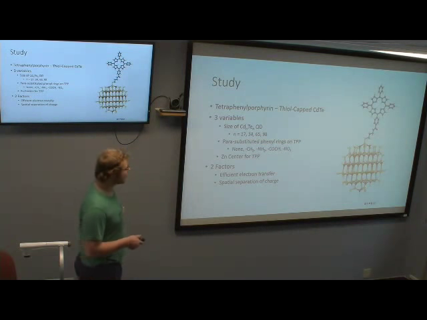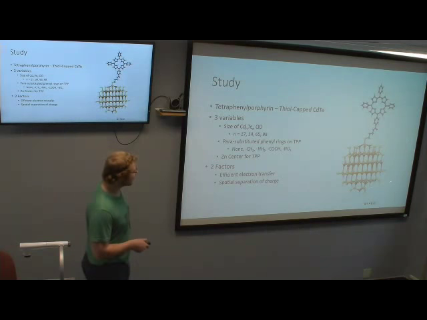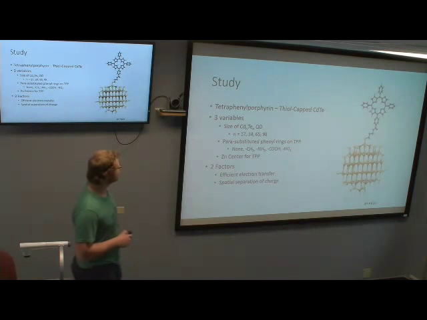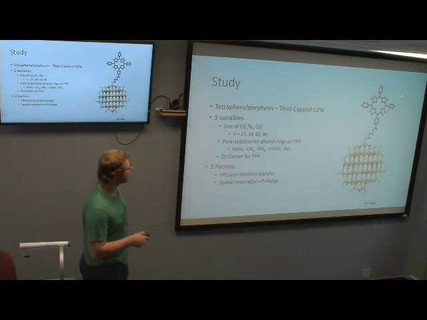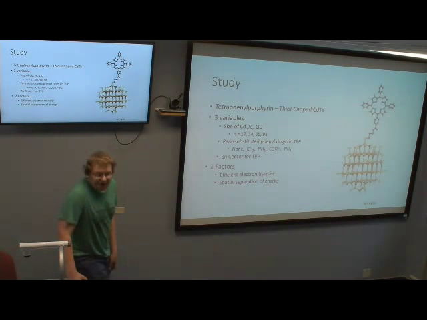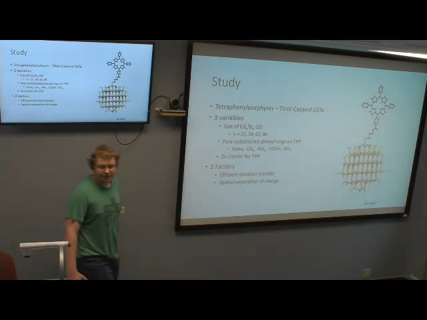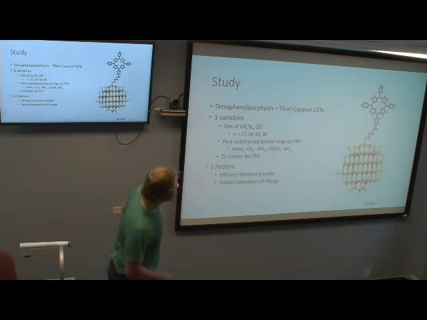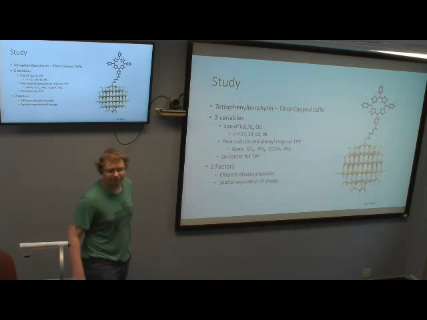The quantum dot is covered in thiols and the porphyrin is tetraphenyl, so it has four phenyl groups around it. Do they give the number of thiol groups? And also, do they have hydrogen, is it neutral, thiol or thiolate? They specifically said thiol, and you can see that there are hydrogens. So those are thiols, and it's neutral, okay.